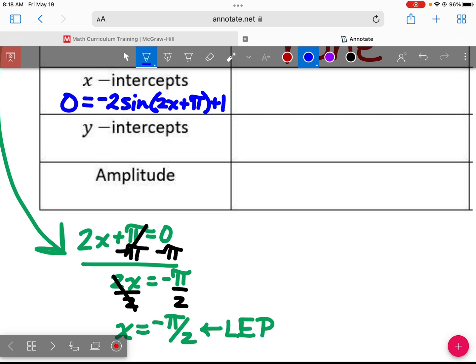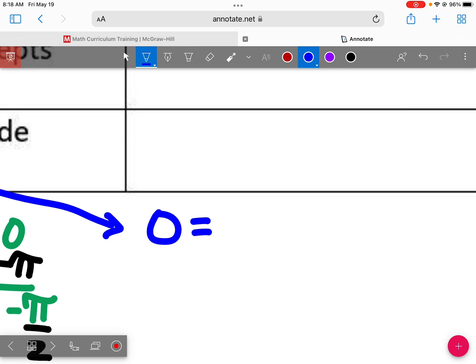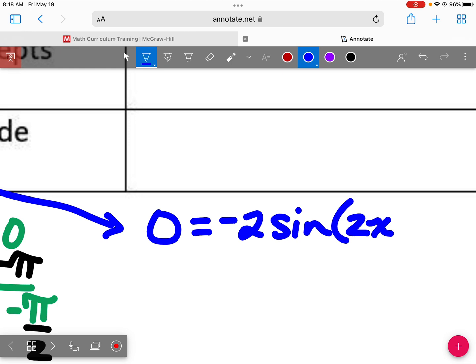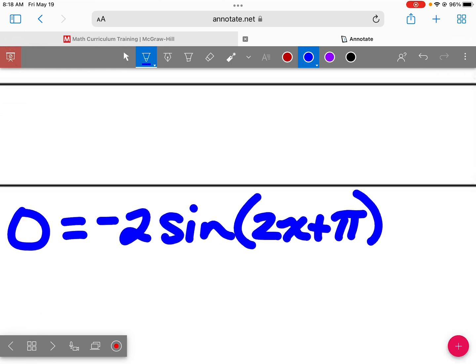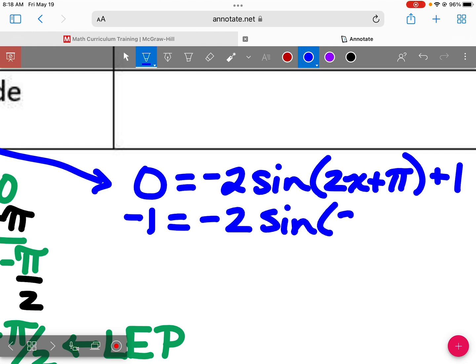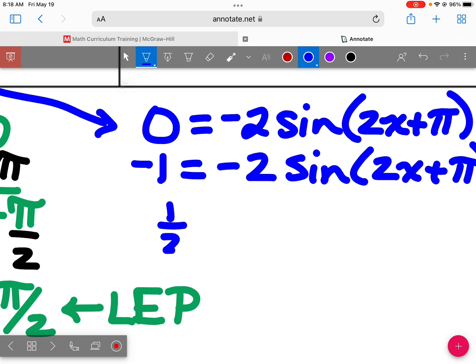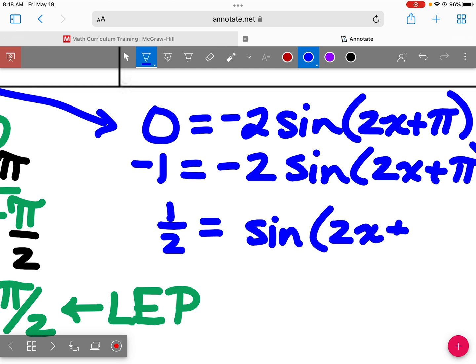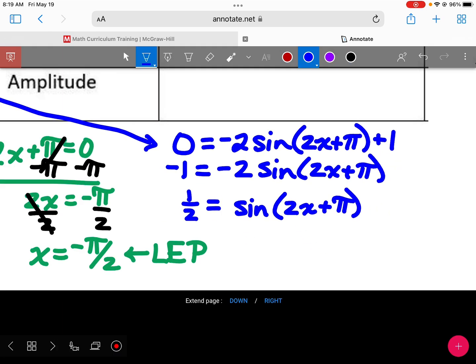I'm going to do that down here. I'm going to subtract 1 from both sides. Then I'm going to divide both sides by negative 2. So I have 1/2 equals sine of 2x plus pi.